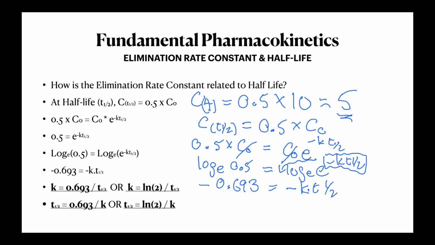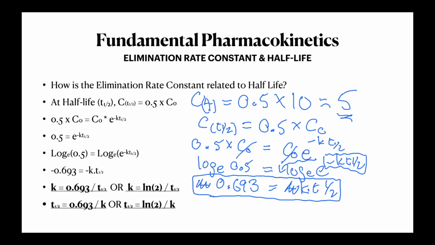And this is the key formula to remember. So the negatives will cancel out, and this is where you get all your derivations from. So 0.693 equals your elimination rate constant multiplied by your half-life.